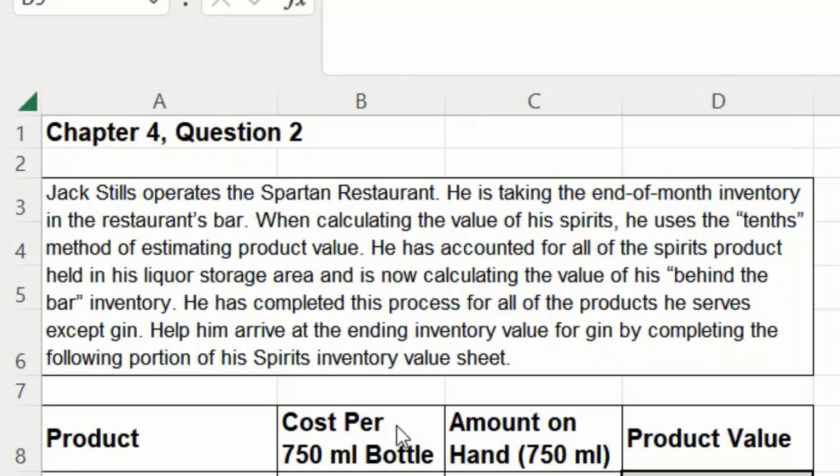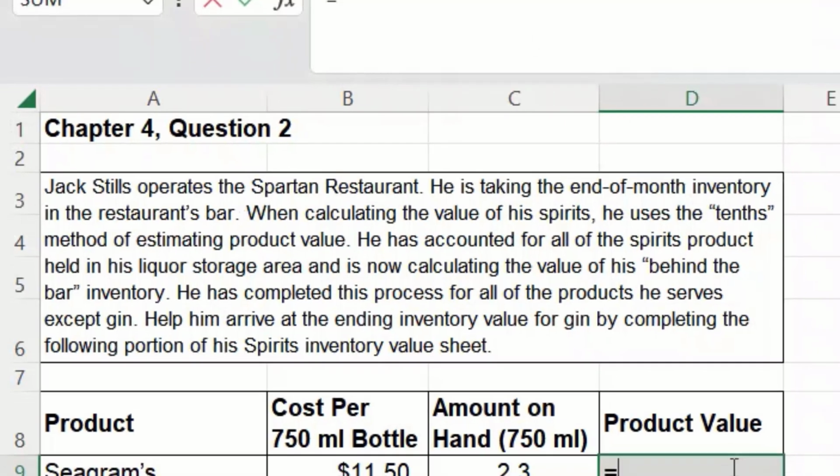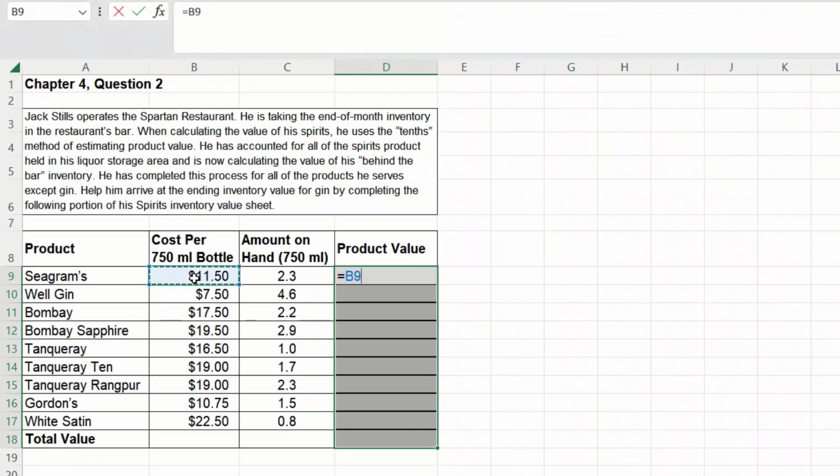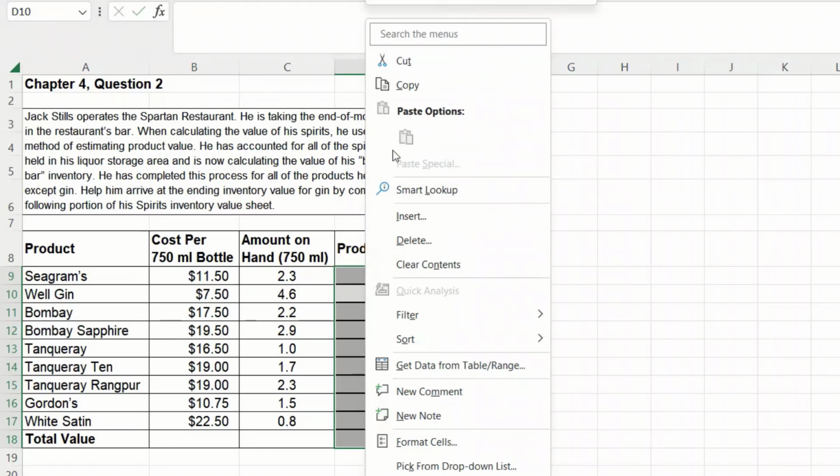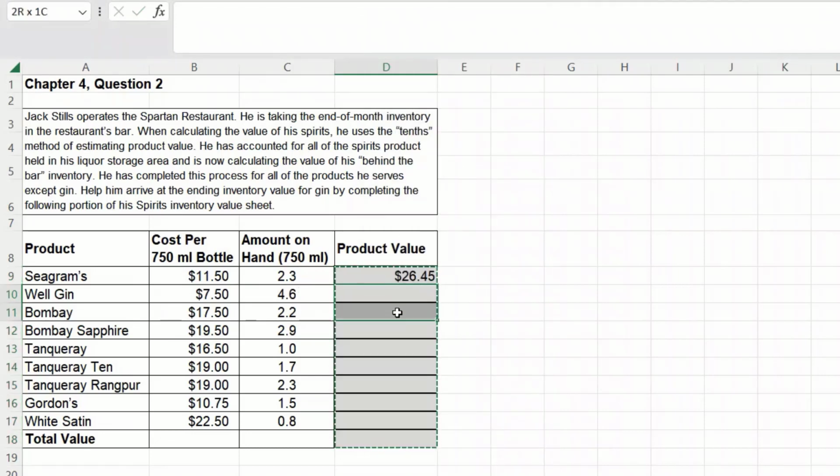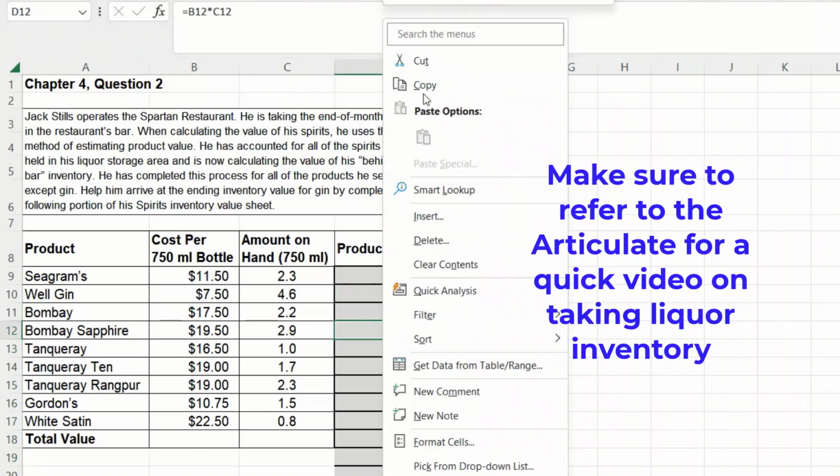Okay. So we're going to take our product value. We're going to take our cost per bottle. We're going to multiply it by the amount that we have on hand. And that's how we're going to get our value here. So you have 2.3 bottles, $26.45 worth of gin. Let's go ahead and use this formula for the entire worksheet here.